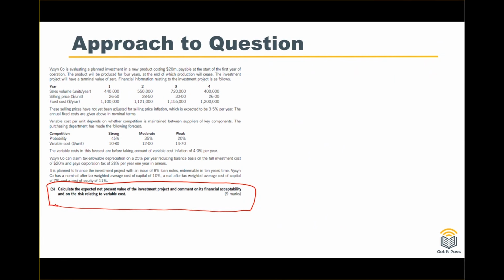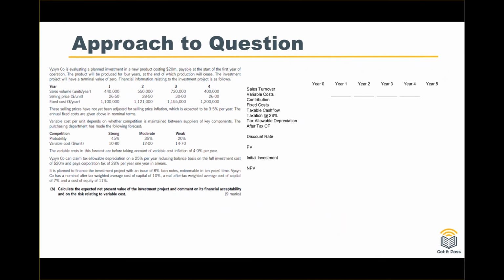Okay, what's the approach? To me, for a calculation question like this type, you have to get used to some templates. For example, when it comes to the net present value calculation, you have this template from year 0 to the end of the project life.